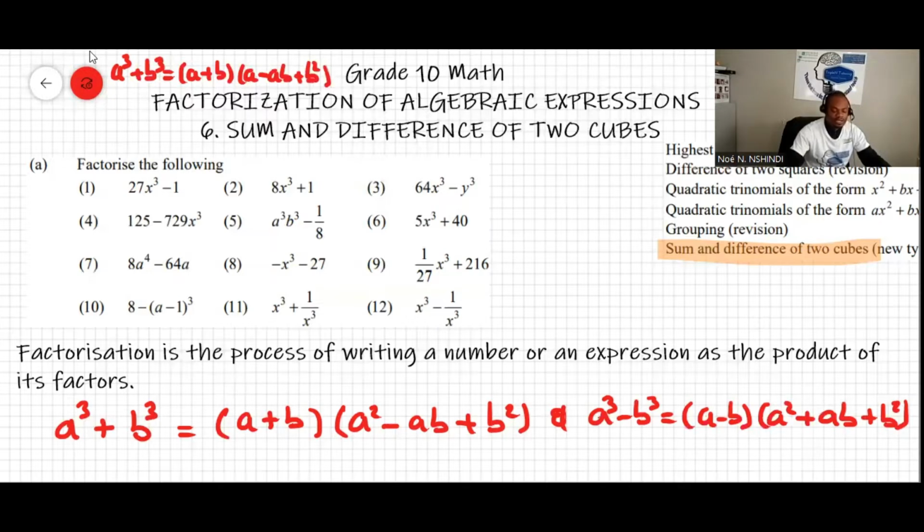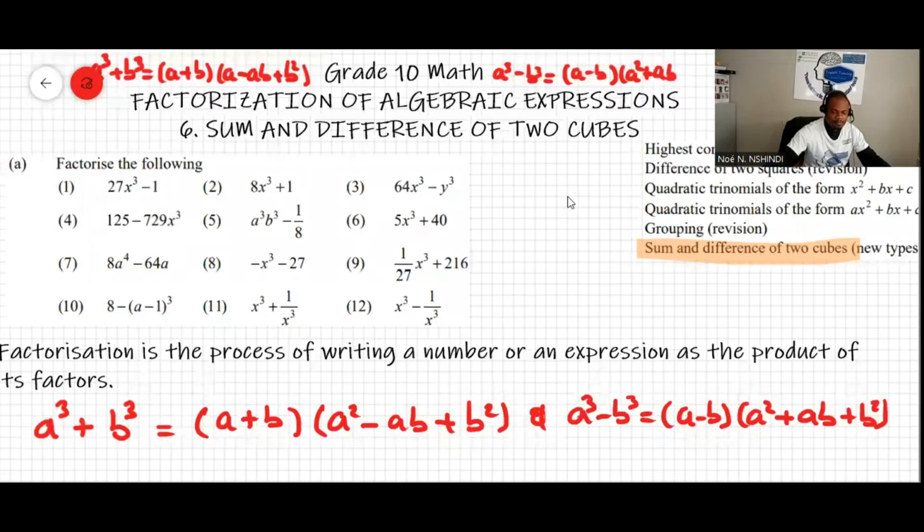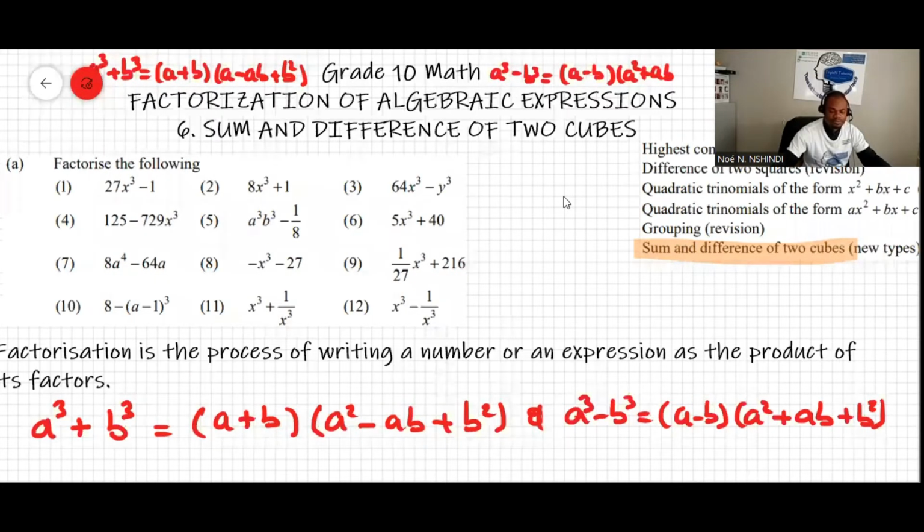And then a cubed minus b cubed is equal to a minus b, and then a squared plus ab plus b squared.